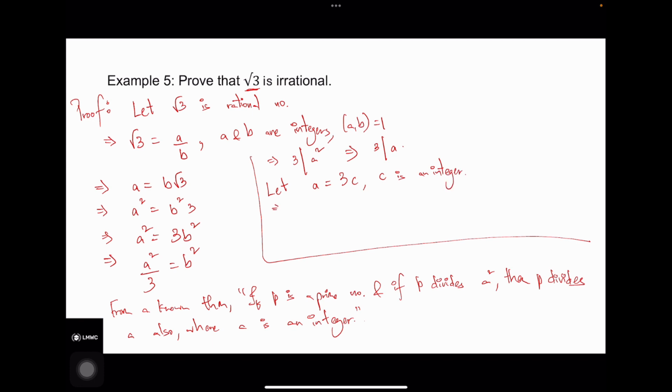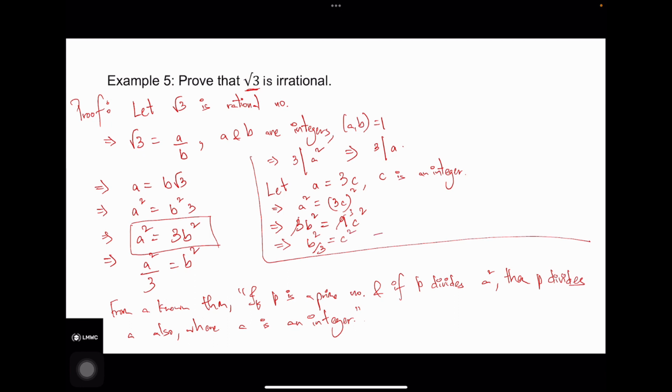Squaring both sides, it will be a square equals 3c whole square, and replacing the a square with 3b square, it will be 3b square equals 9c square. 3 and 9, you can cancel it out. So I am left with b square by 3 equals c square.